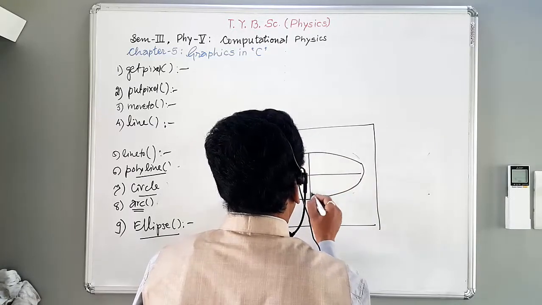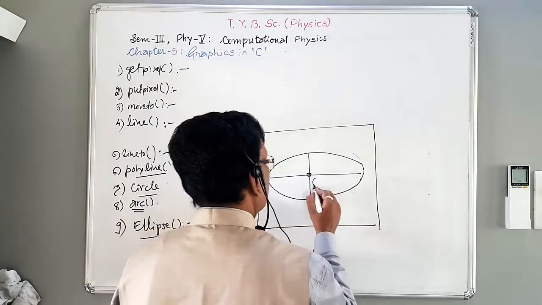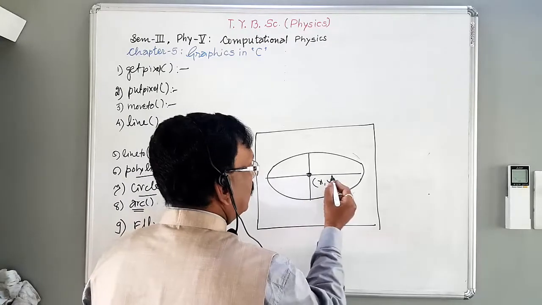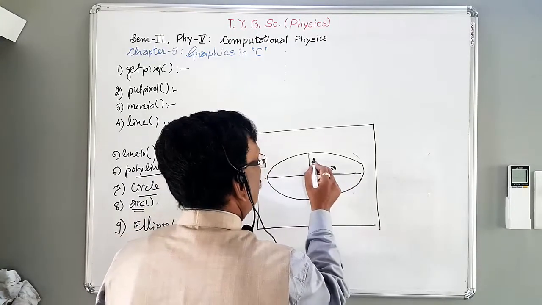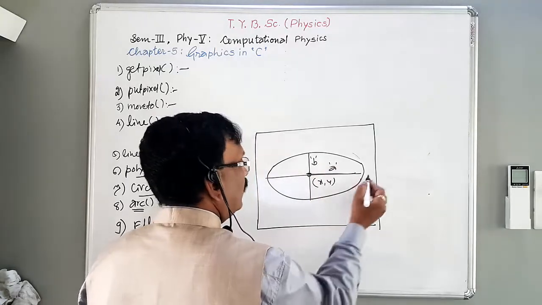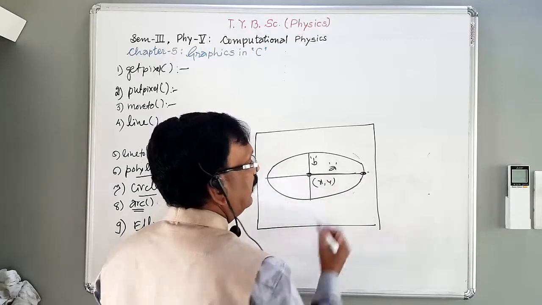In order to draw an ellipse, we have to specify the center of the ellipse. We have to use the semi-major radius and provide the semi-minor radius. We also have to provide a starting angle and an ending angle.